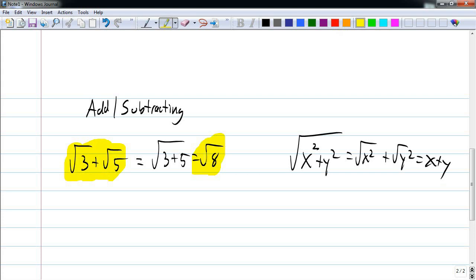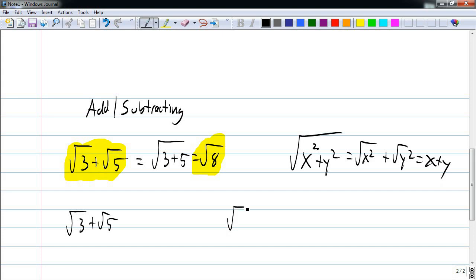Okay, adding and subtracting radicals is very picky. If I have radical 3 plus radical 5, I can't simplify this anymore because I need the same number under the radical. I need the same radicand. But I also need the same type of radical.